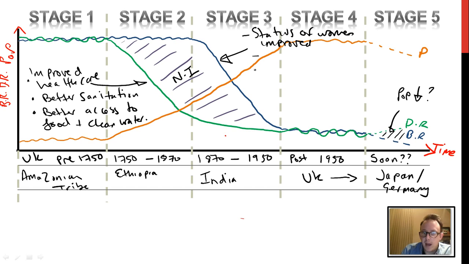In more developed societies, women tend to be at work more often. Now, if they're at work more often, then that tends to have an impact on the birth rate and reduces it.